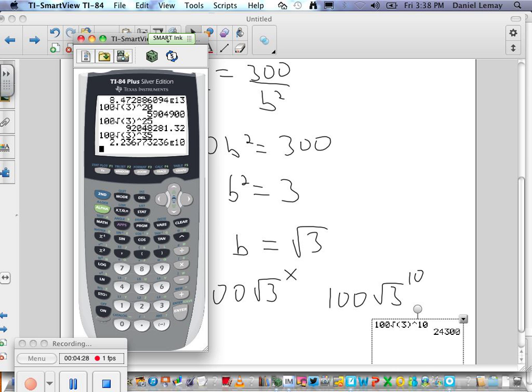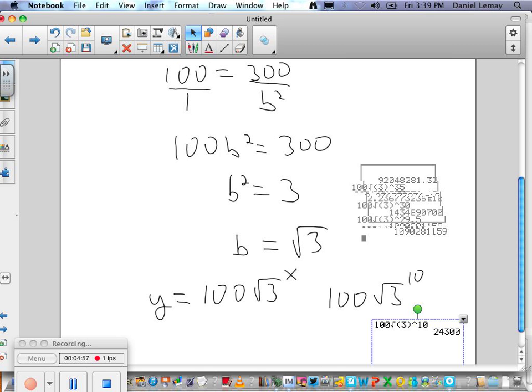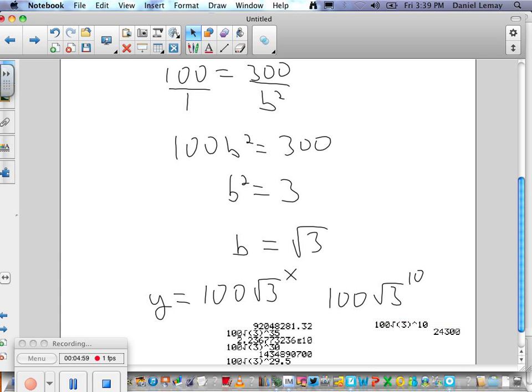So we got to do less. That's about 1.4 billion. And that's just a hair over a billion, so 29.5, 29, somewhere along those. I'll stop there. But hopefully that worked for you and got the idea.